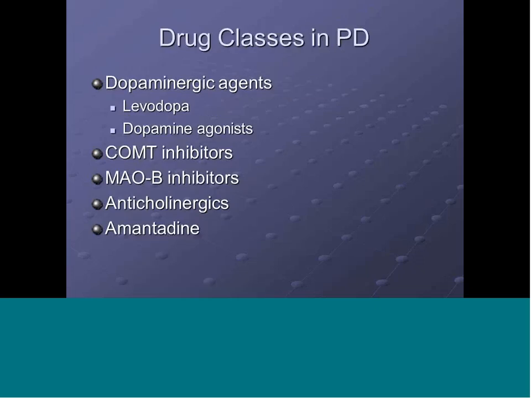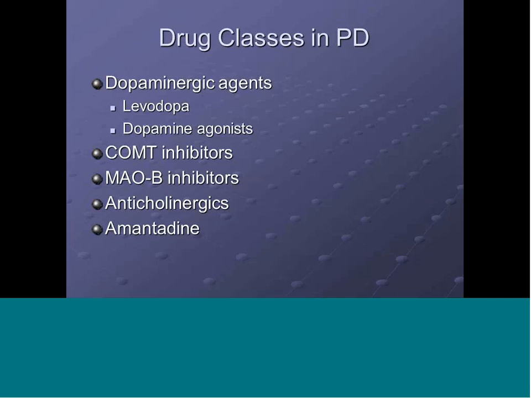Now, going a little bit more into the dopaminergic agents or symptomatic treatment, we tend to delay the use of dopaminergic agents as much as possible. Early on, we try to use more MAO-B inhibitors, like rasagiline and selegiline. Sometimes we use amantadine.